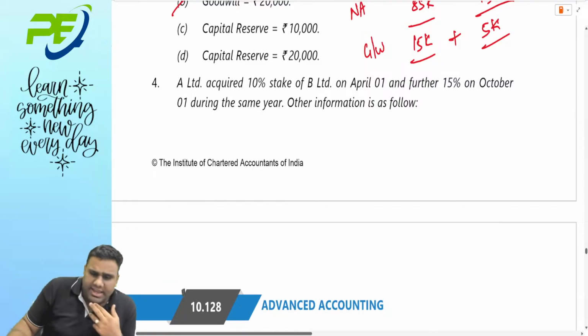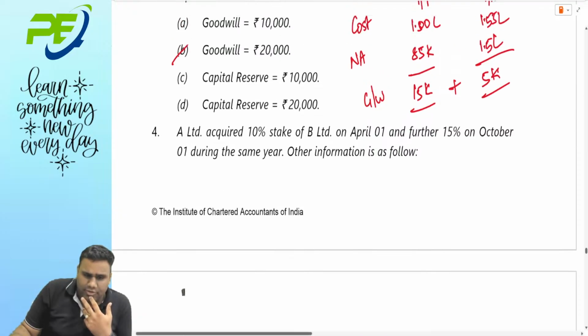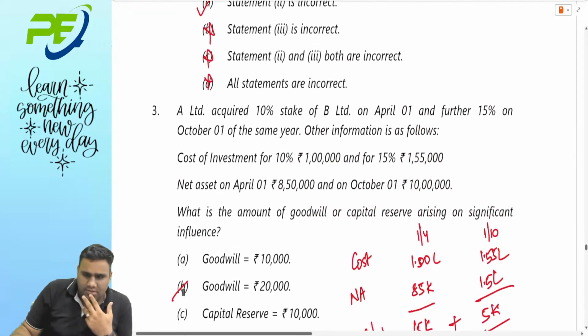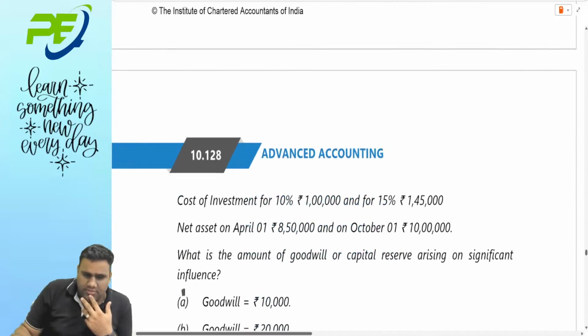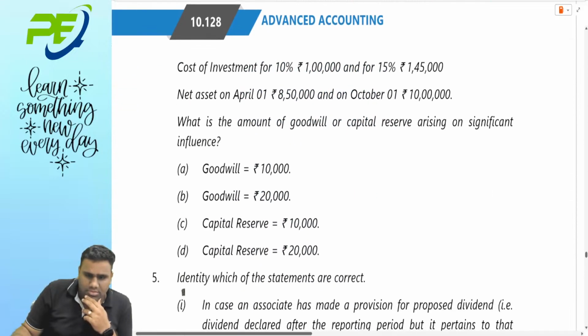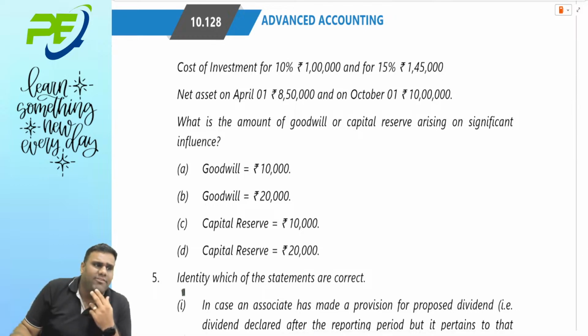A Limited acquired 10% stake in B Limited on April 1 and a further 15%. Same question. 20% same. Amounts are changing, everyone. Please calculate.